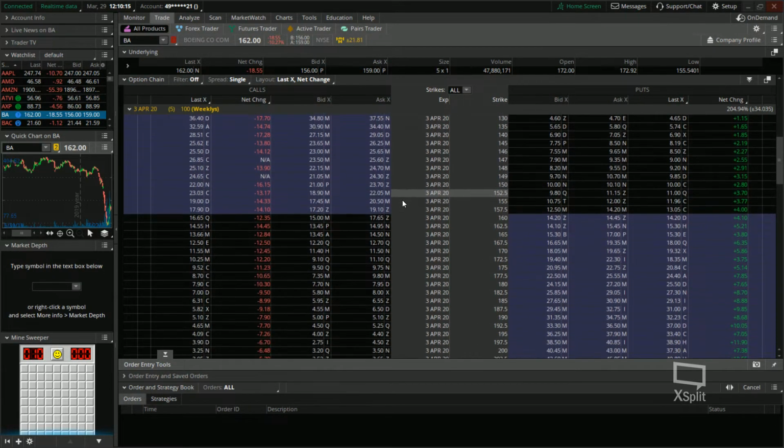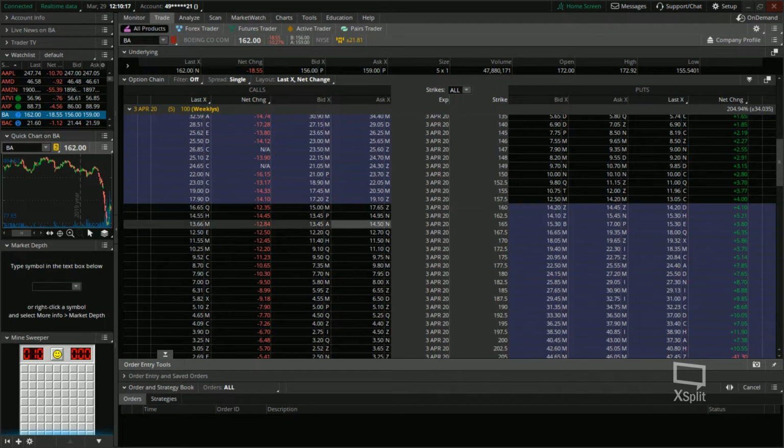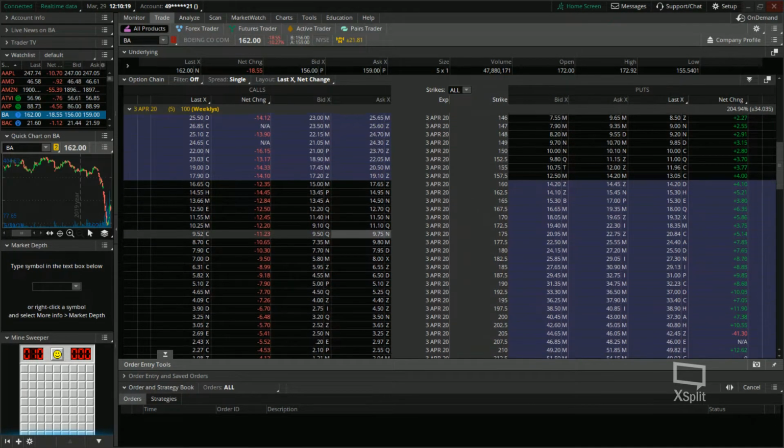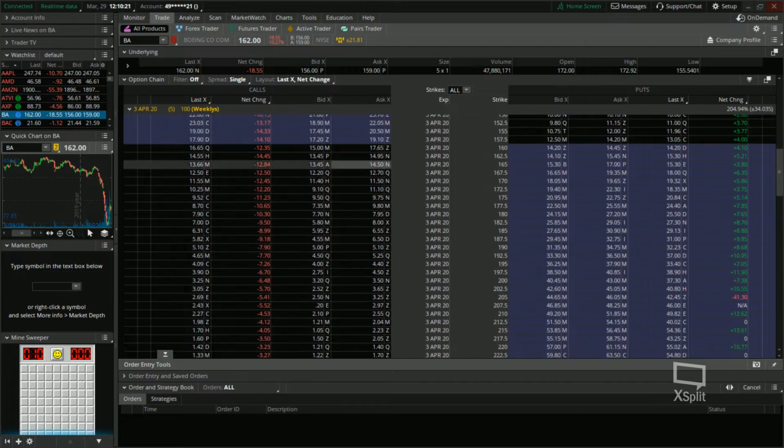Okay, let's see here. So these are the calls right here. We can just keep looking, and as you see here, at 160, the call is $1,765.